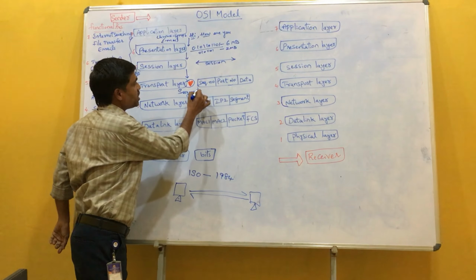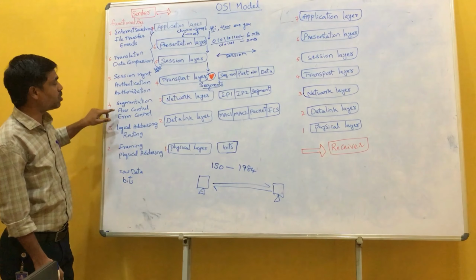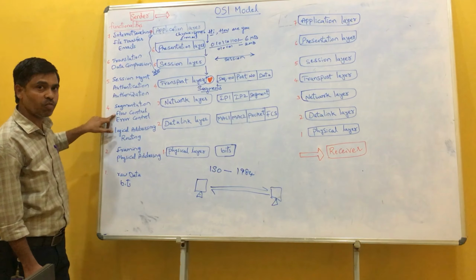Once the data has been divided into different segments, now flow control. One more functionality is called flow control. Flow control means the flow of control from one layer to another layer, whether the data is received in a proper format, or complete data is received or not, from one layer to the next layer. And the next one is error control.